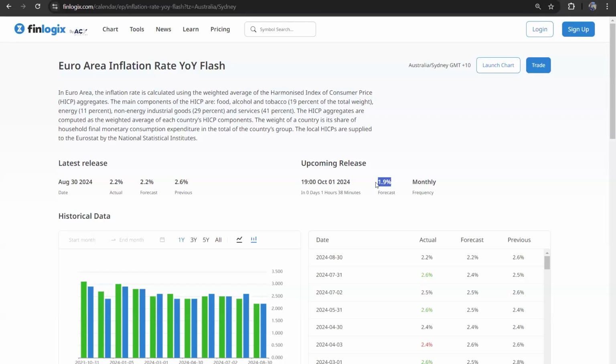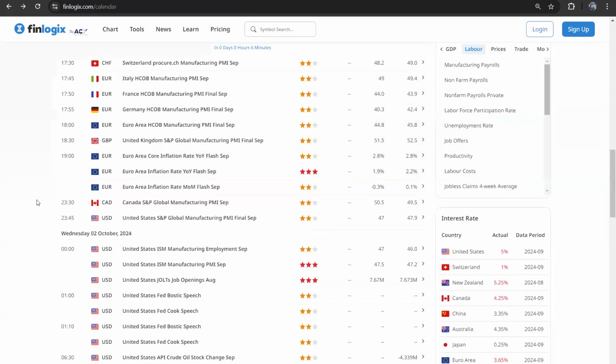So in my opinion, I do believe that we may see a lower inflation here, somewhere between 1.8 or as forecasted. Okay. And that is today. So if we have a lower inflation in the Eurozone, we can see euro dollar trading lower than 1.11. Okay, right now, euro dollar is trading at 1.1135.